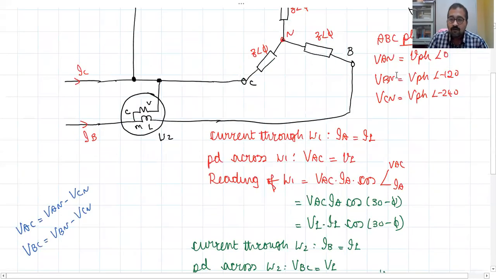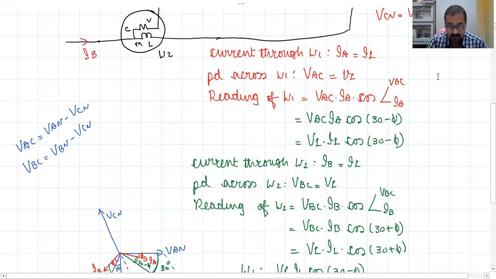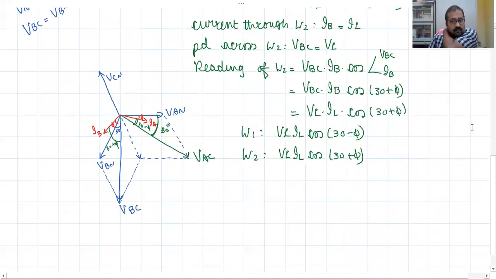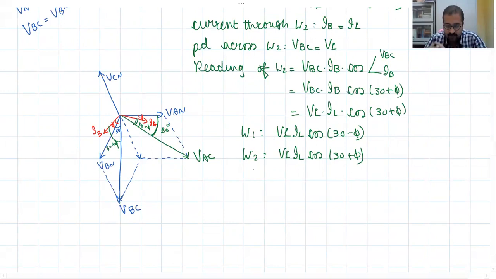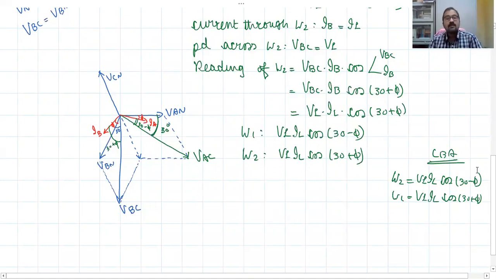Keep in mind, what was the phase sequence that we considered? It was ABC phase sequence. Suppose you are reversing the ABC phase sequence, considering CBA phase sequence. Then what will happen? Any idea? W1 and W2 will interchange the readings. If you change the phase sequence, if you consider negative phase sequence, then your W2 will be VL IL cos(30 minus phi) and W1 will be VL IL cos(30 plus phi), for CBA phase sequence. Since we considered ABC phase sequence, we got these results for ABC.